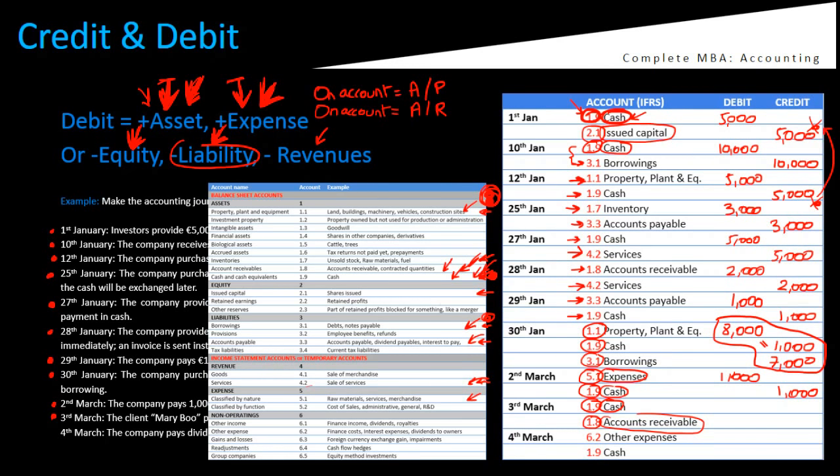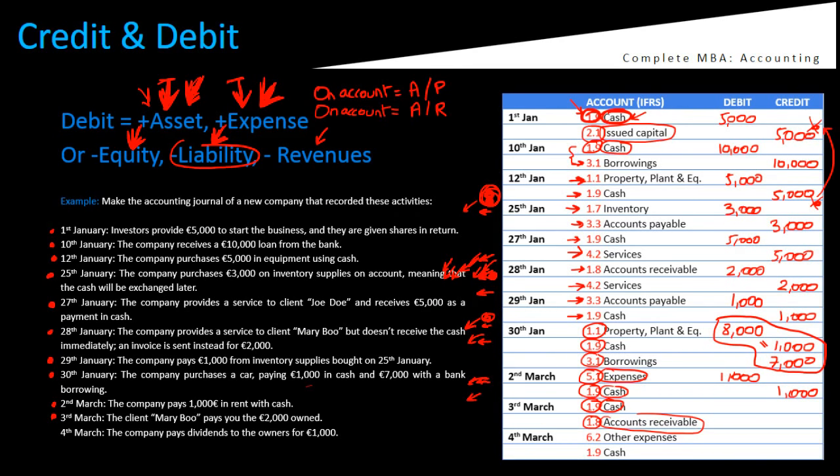Now we have to identify which one is the debit. Well, here is very easy. The cash has been increased. Cash is an asset, so that is the debit. Let's go back and note that here it was 2,000, so I put 2,000 in cash coming from accounts receivable. Now the last one, 4th of March.